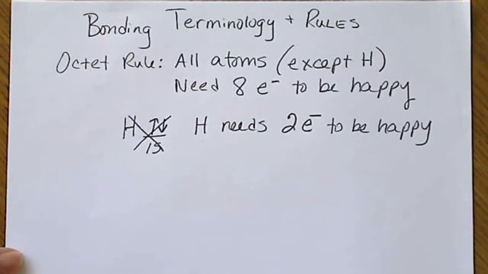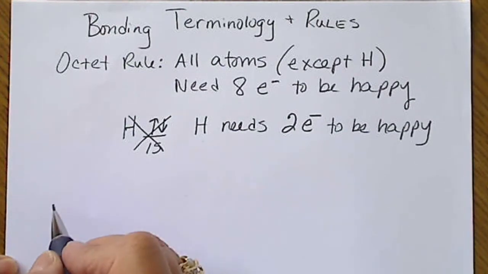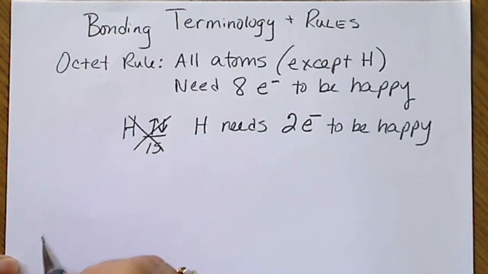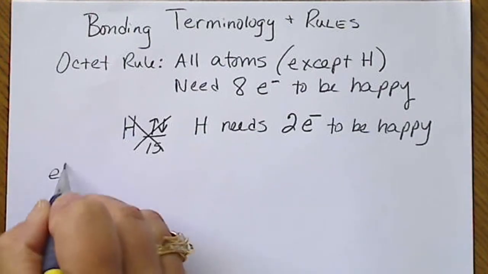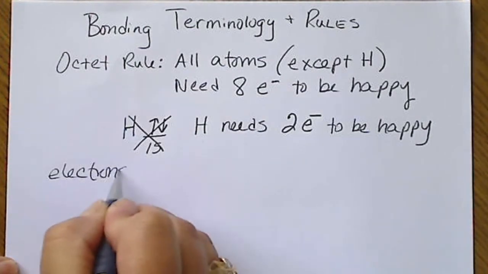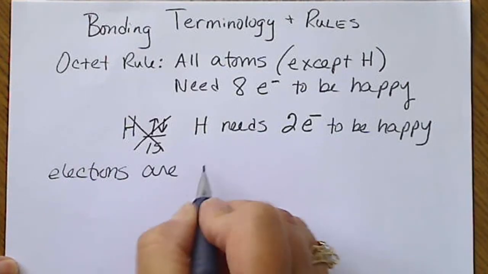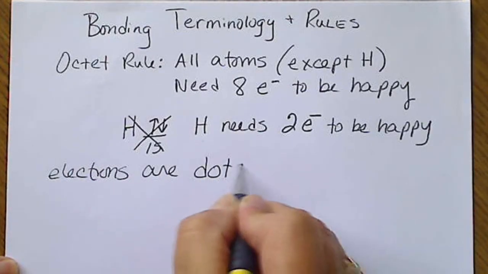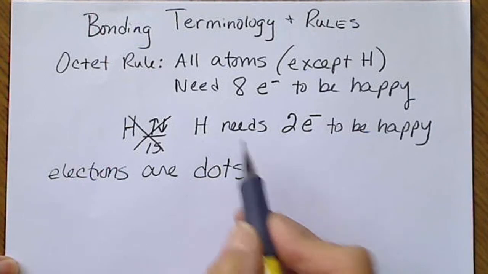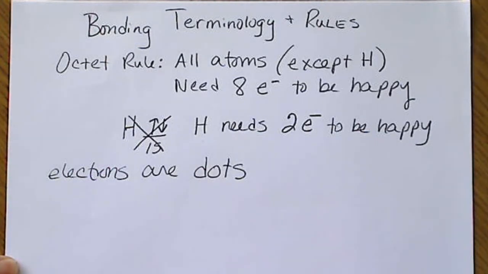And I'm just going to give us some examples of some molecules, and we're going to see that electrons are shared. Here electrons are going to be written as dots. Instead of writing arrows for electrons, we'll represent electrons as dots, which is more common, especially in biology.